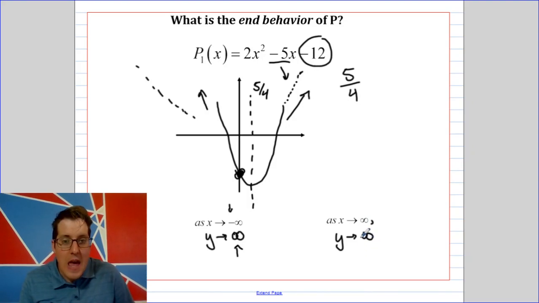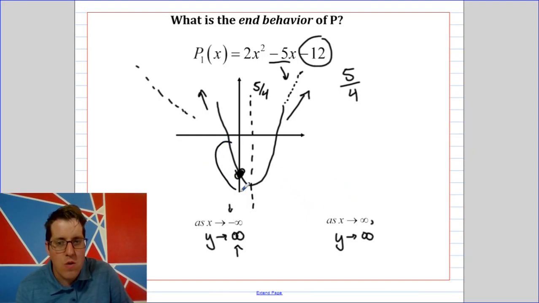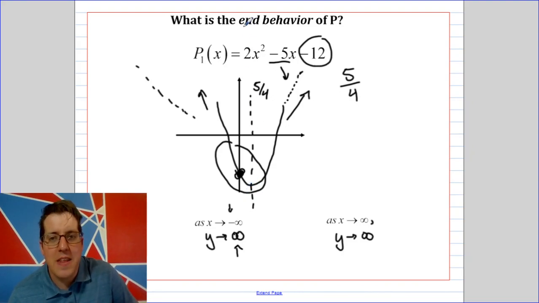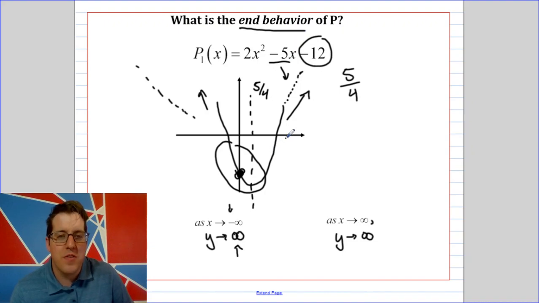Now, this is end behavior, because you could say, well, look, x is increasing right here. You're going from -1 to positive 5/4, and the y value is getting smaller, but that's not the end behavior. We want to know what happens as we get arbitrarily far to the right side, not just moving from left to right. Cool.